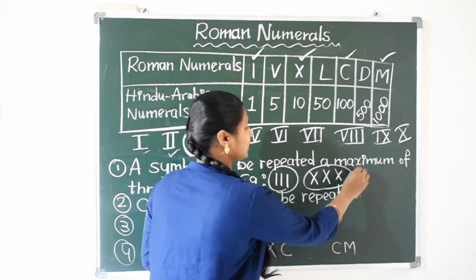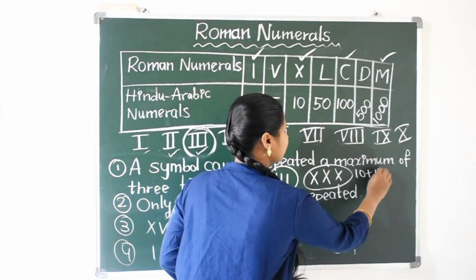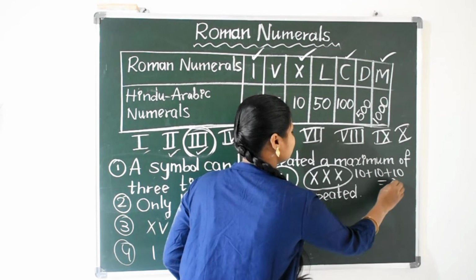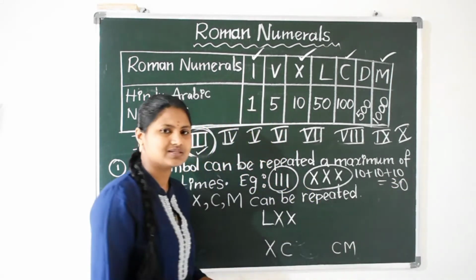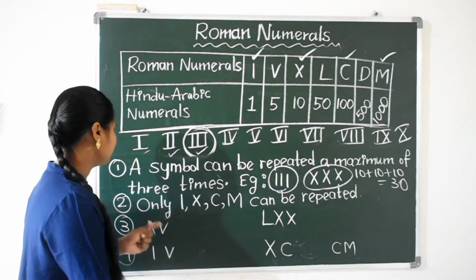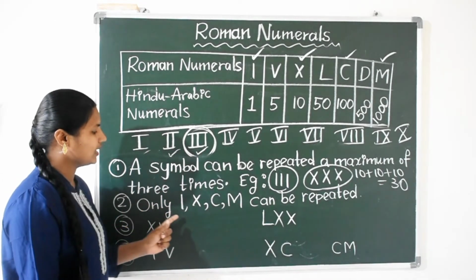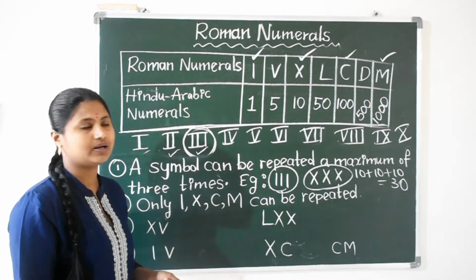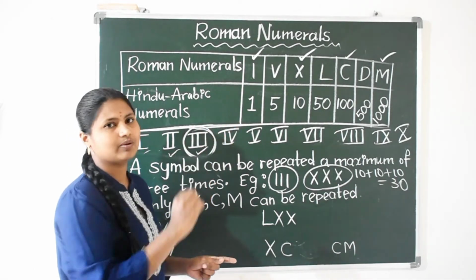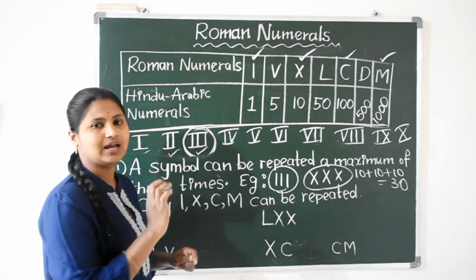XXX means 10 plus 10 plus 10, that equals 30. XXX means 30. And rule number 2 is only I, X, C, M can be repeated, not V, L, D.